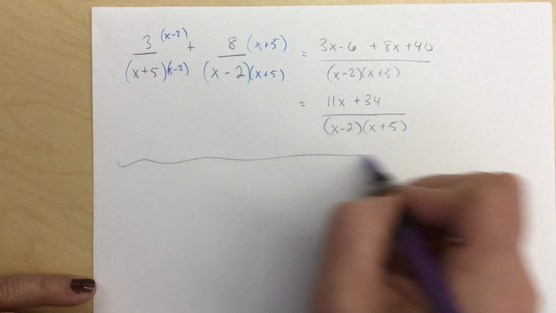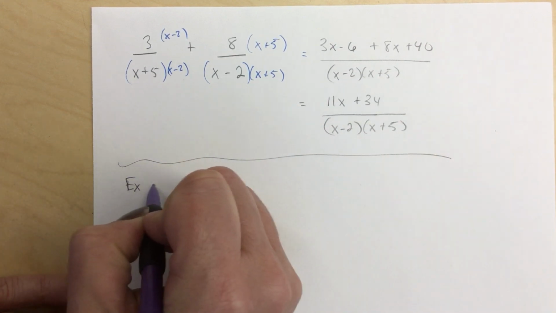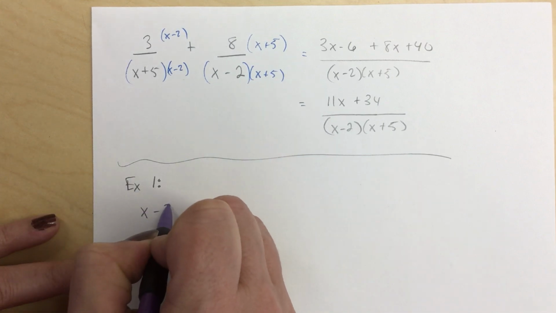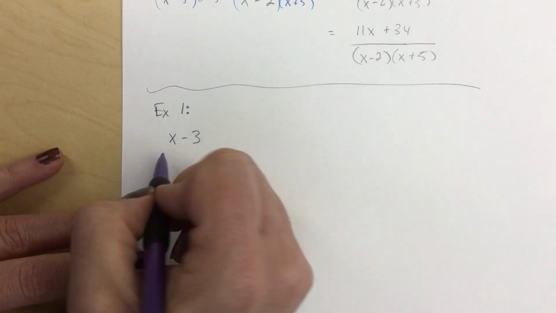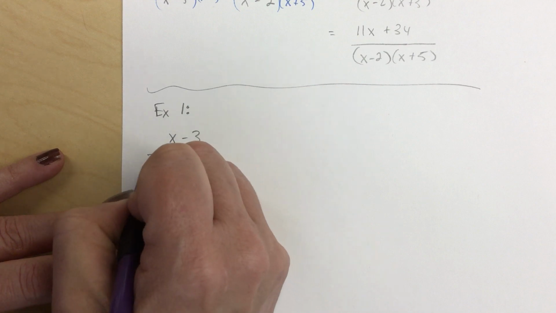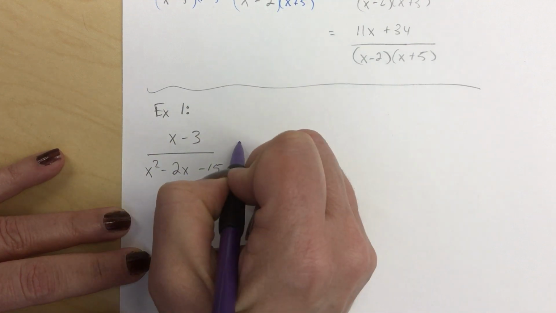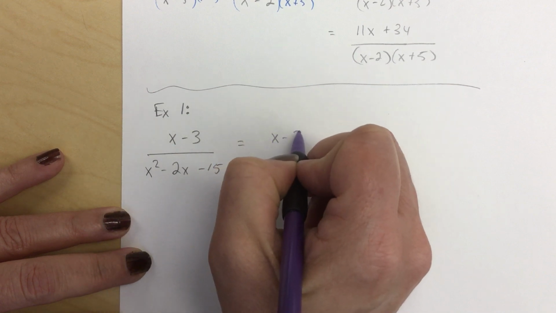Okay, so let me show you how you go backwards. So example 1. Let's say you have x minus 3 over x squared minus 2x minus 15. The first thing you need to do is factor.